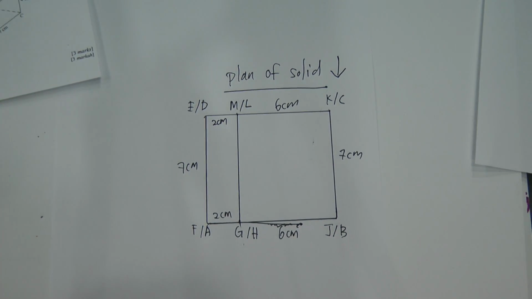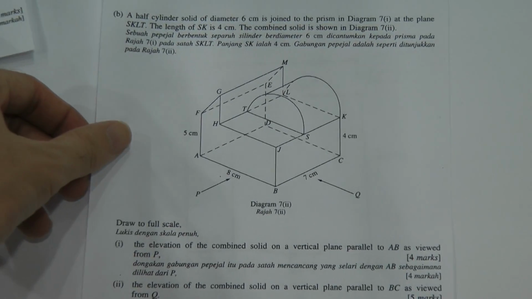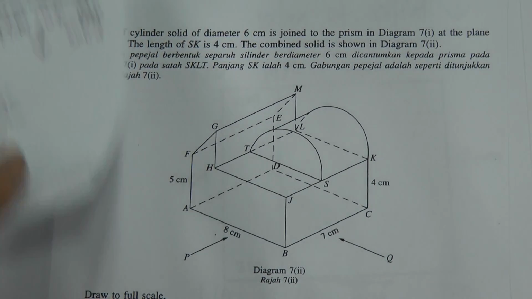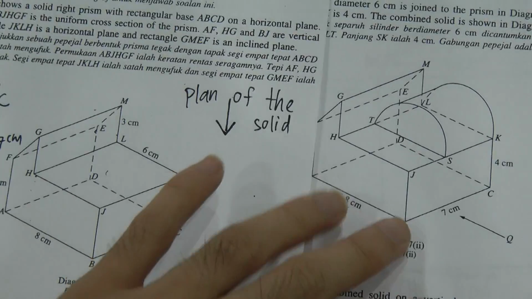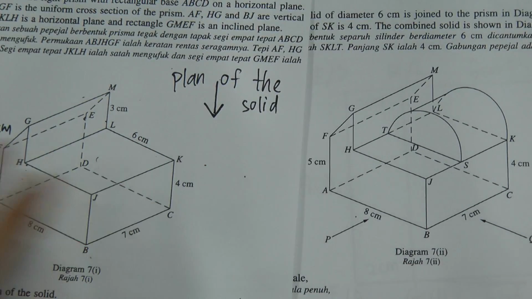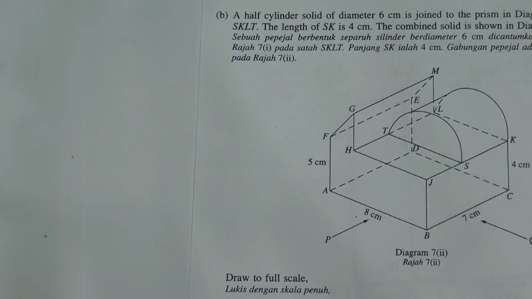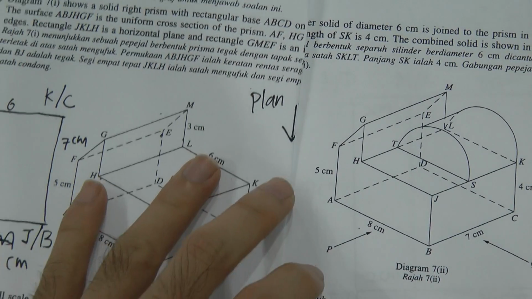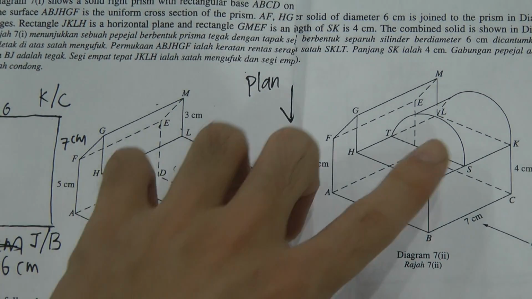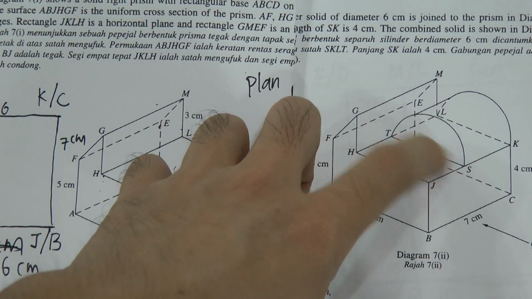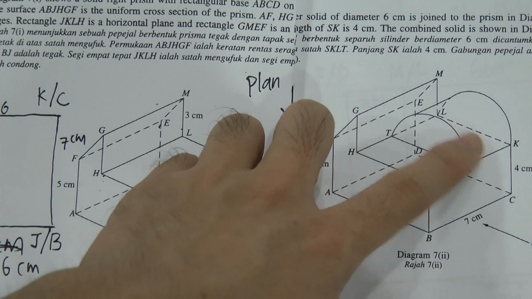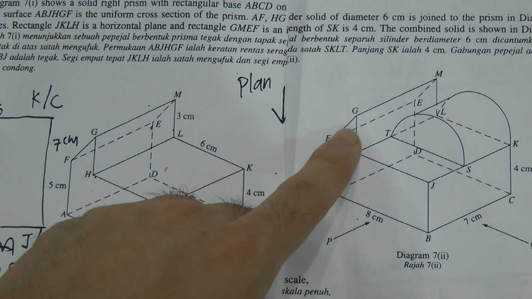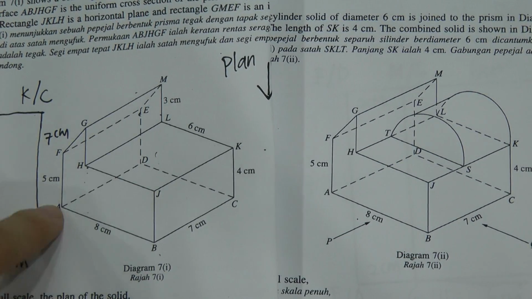Let me zoom in to have a look at part B. First, you have to know that part B is related to part A. What is the difference for part B is that he adds on another thing: half of a cylinder, or a semi-cylinder, to this solid. So all the centimeters here remain the same as the first solid.